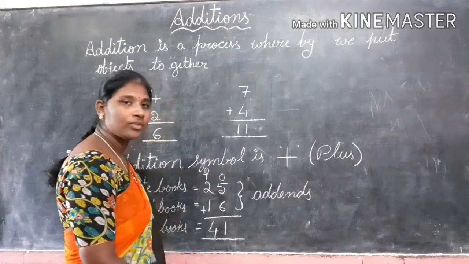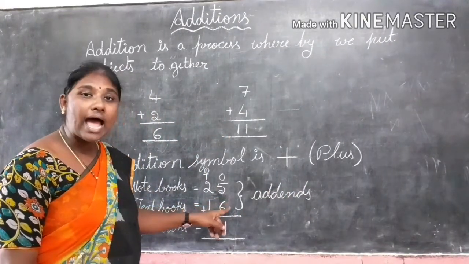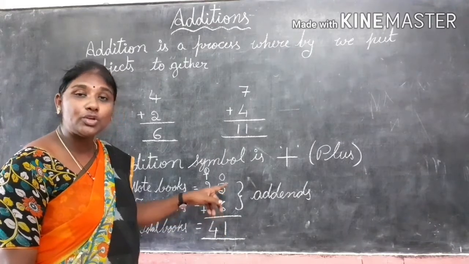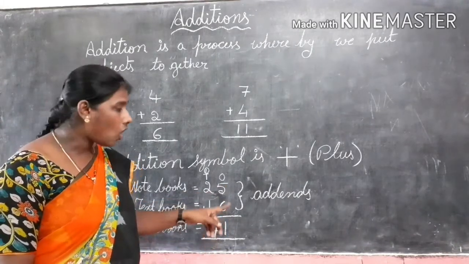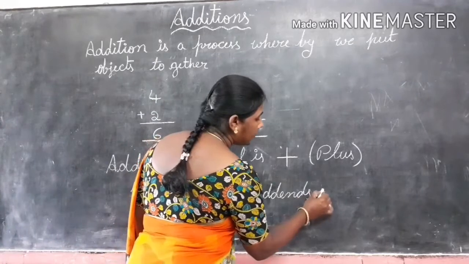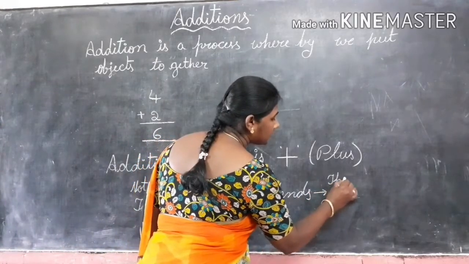Addends. What do we call these two numbers? The numbers which we use to add are called addends.